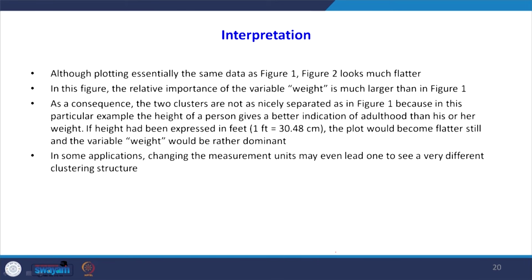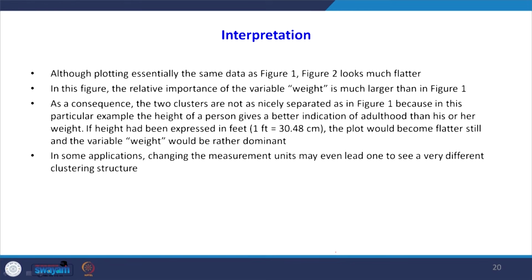As a consequence, the 2 clusters are not as nicely separated as in figure 1, because in this particular example, the height of the person gives a better indication of adulthood than his or her weight. If height had been expressed in feet, because 1 foot equals 30.48 centimeter, the plot would become flatter still and the variable weight would be rather dominant.